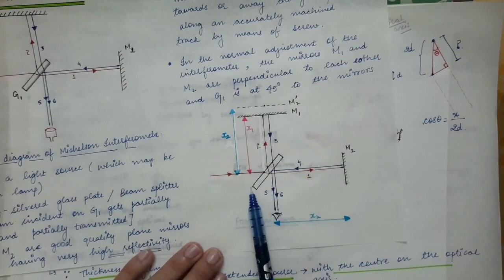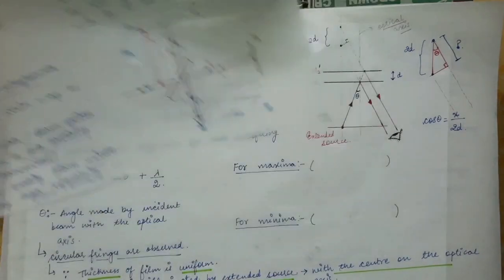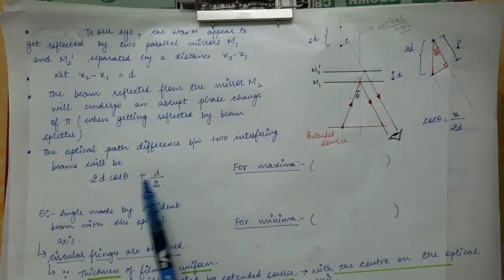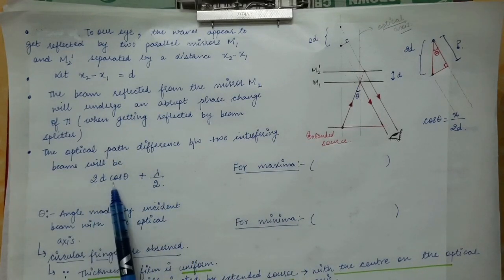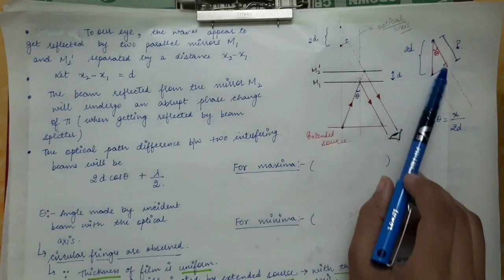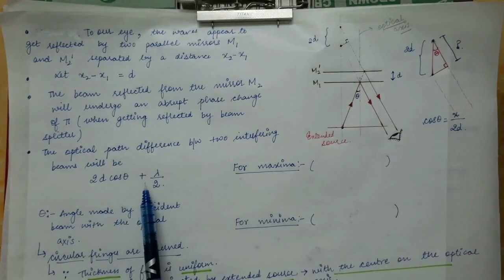The glass plate is a denser medium, so a path of lambda by 2 is introduced in one of the rays. So the total path difference between the two interfering beams will be 2d cos theta, which we had already calculated from this triangle, plus lambda by 2.